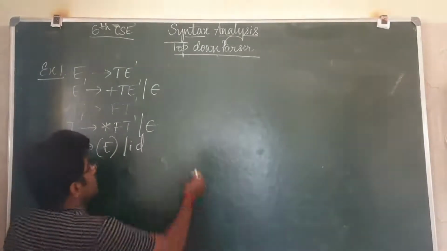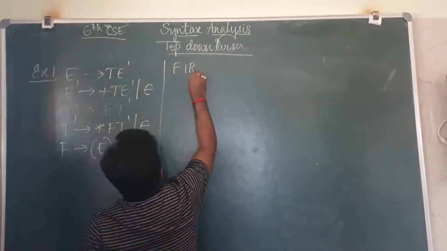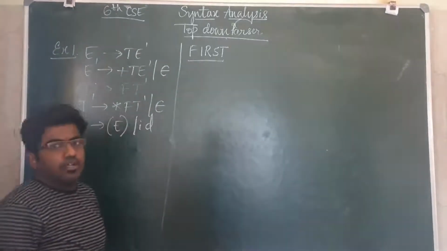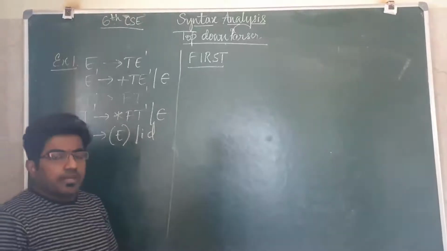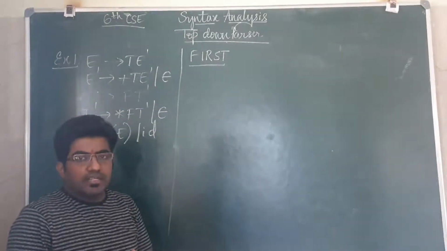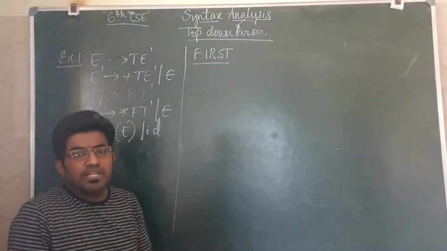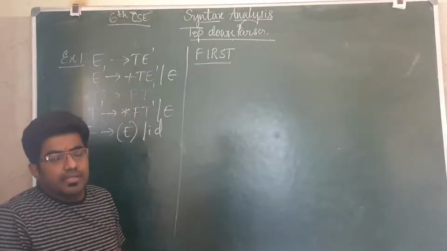Got it? So first we'll see how to determine first. The terminal present in the very beginning of the RHS for that non-terminal is what we have to consider. That will be the first of that non-terminal.